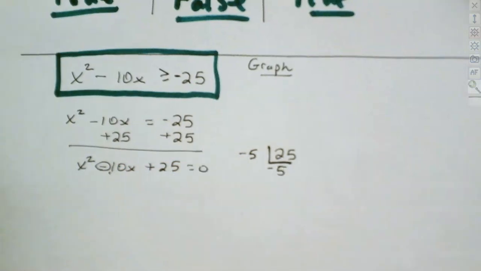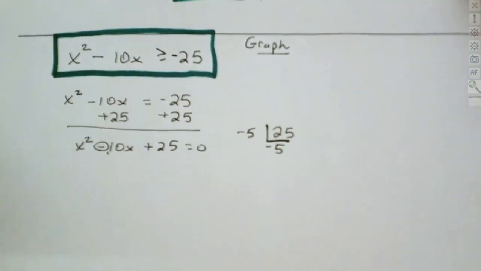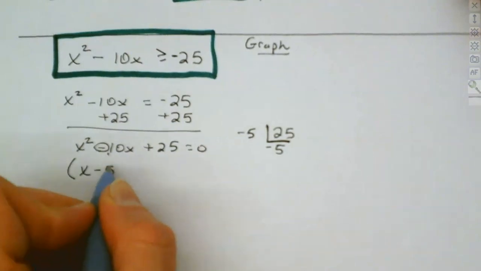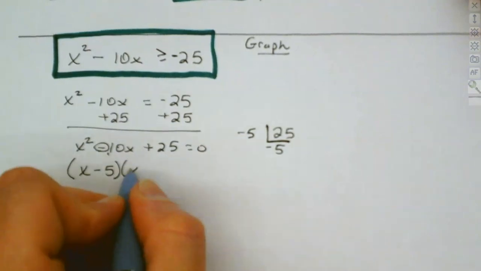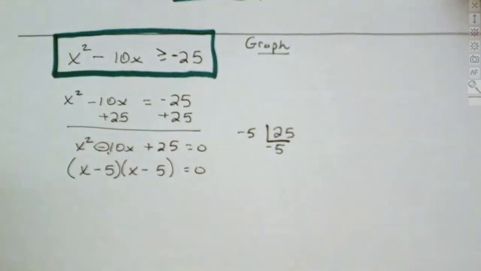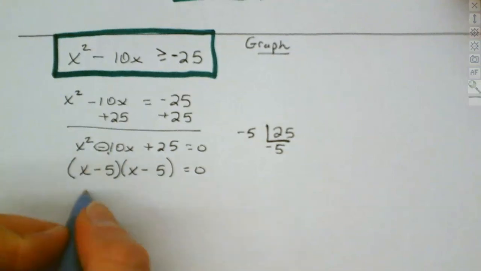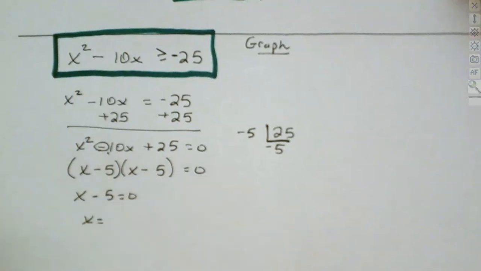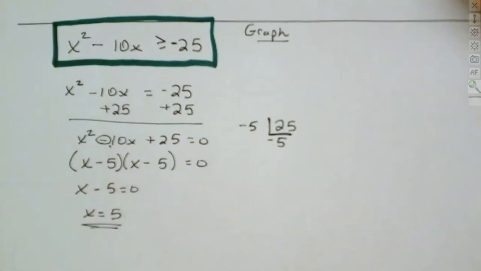Because 25 is a perfect square of 5. So that factors now into x minus 5 and x minus 5 equals 0. Okay, so that gives you x minus 5 equals 0. So x now equals what? x equals 5, right?